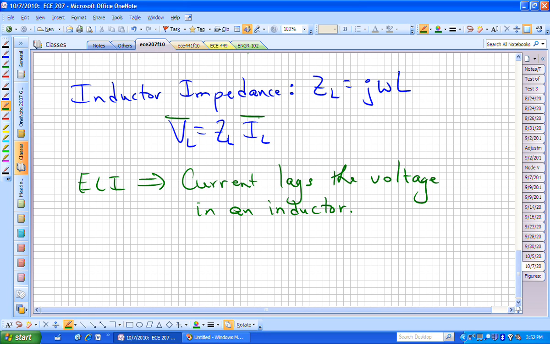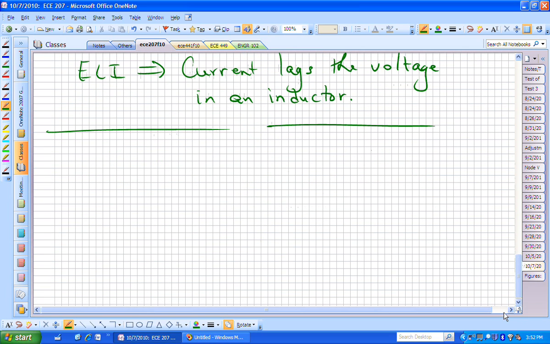Yes, is the answer. I'm probably going to get sloppy. But that means V sub L in general is a magnitude and an angle, and I sub L is a magnitude and an angle. They're related to each other by Z sub L, the impedance of that inductor. Other questions or concerns about what I am or am not doing?